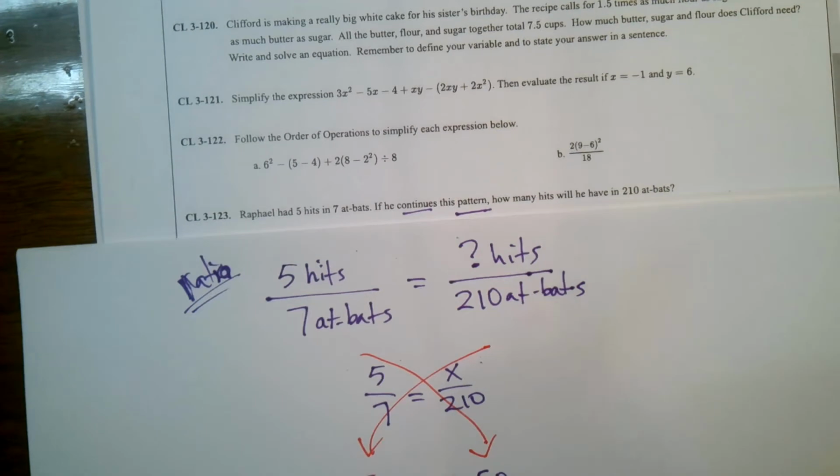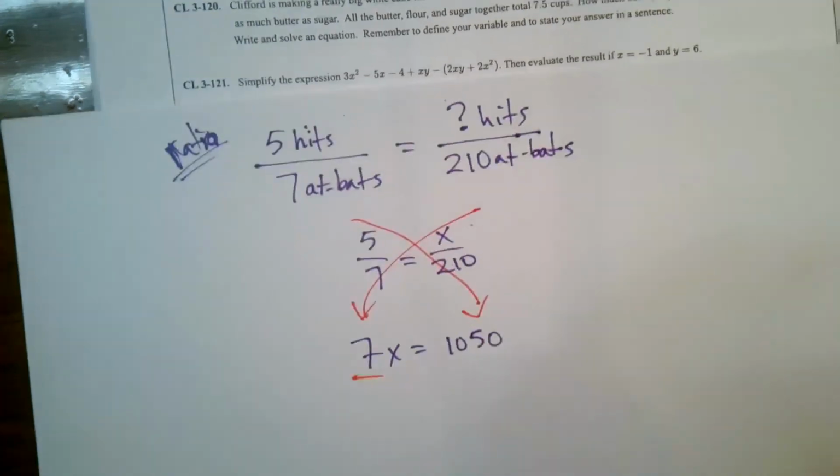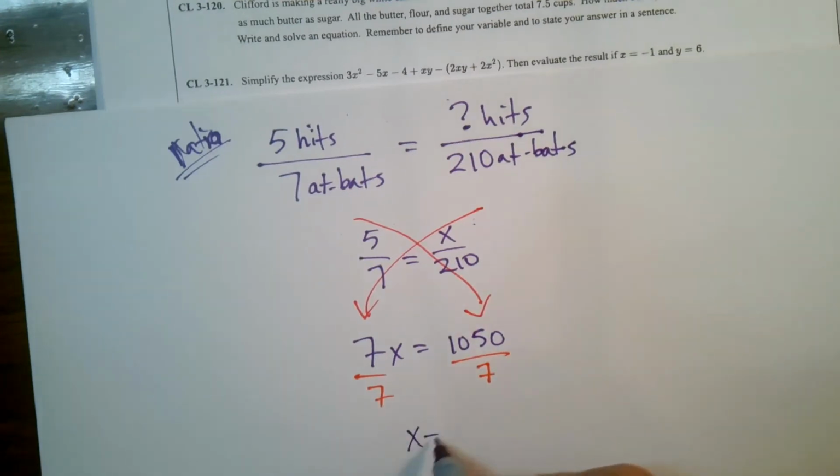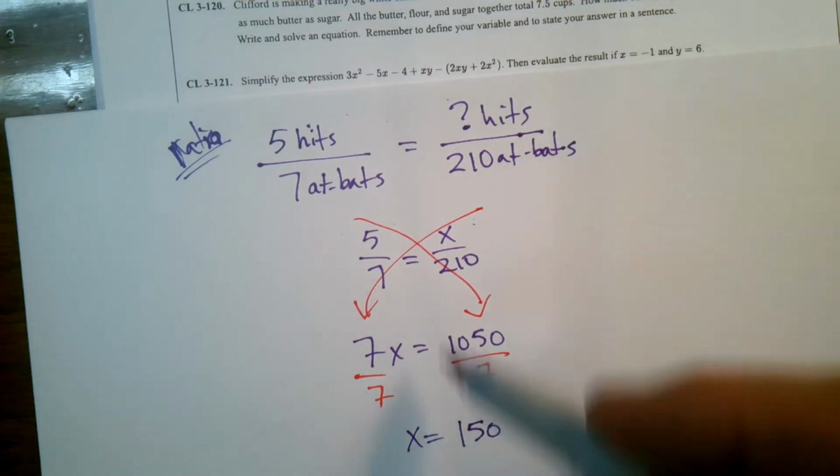And then just solving for x, I would divide both sides by 7. And when I divide by 7, I get x is equal to 150. Okay, so that's one way of looking at it, solving for x.